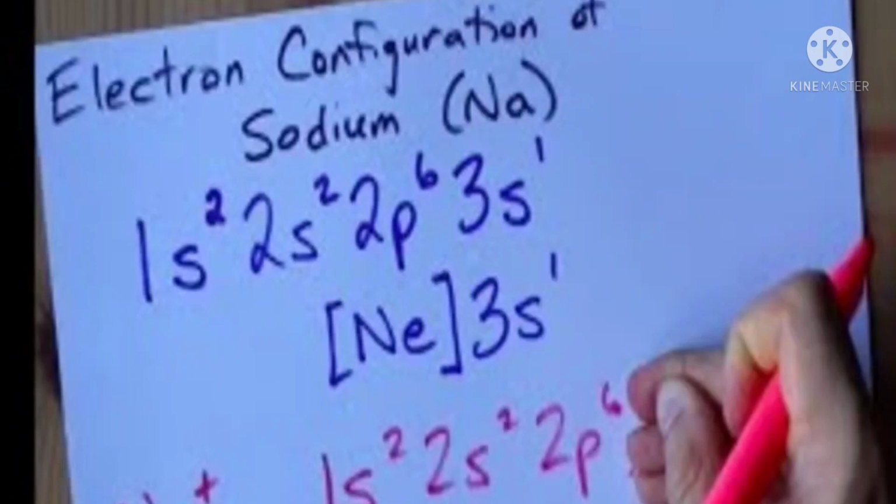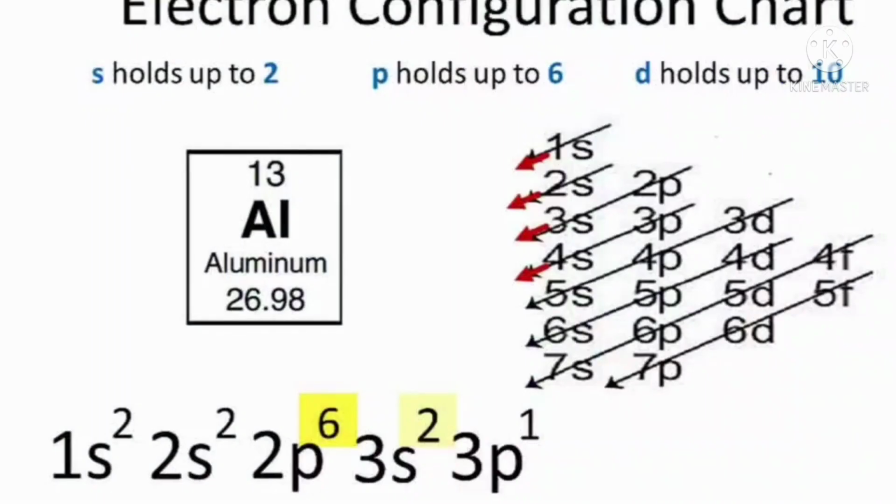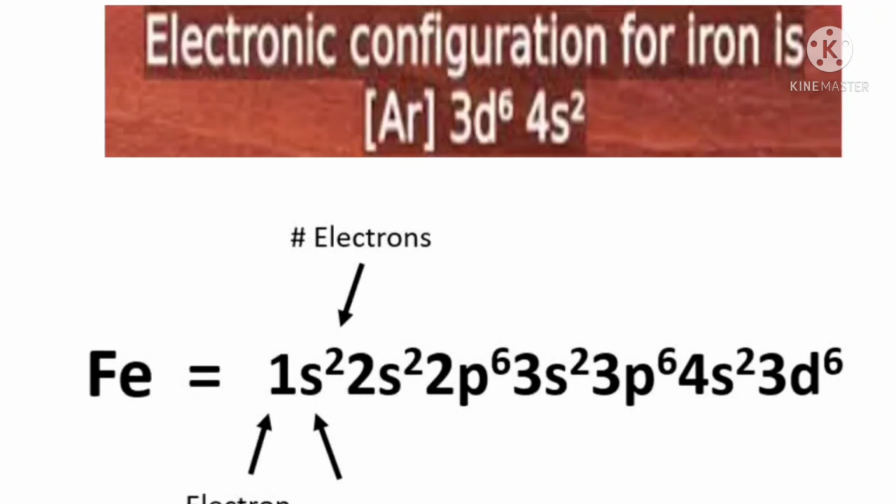At the same time, if we see the electronic configuration of aluminium, where the last electron enters, it enters 3p orbitals. If we consider the electronic configuration of iron, the last electron enters 3d6, that is d orbital.